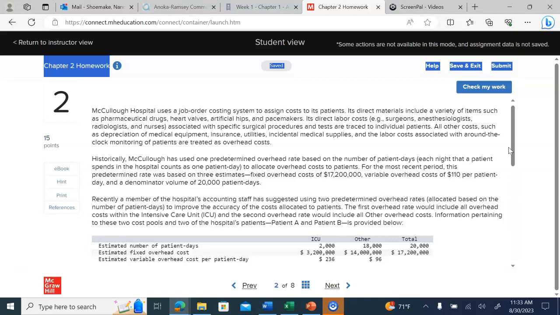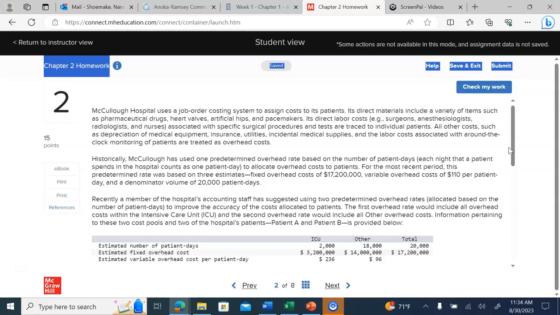Its direct materials include a variety of items such as pharmaceutical drugs, heart valves, artificial hips, and pacemakers. Its direct labor costs, surgeons, anesthesiologists, radiologists, and nurses associated with specific surgical procedures and tests are traced to individual patients.